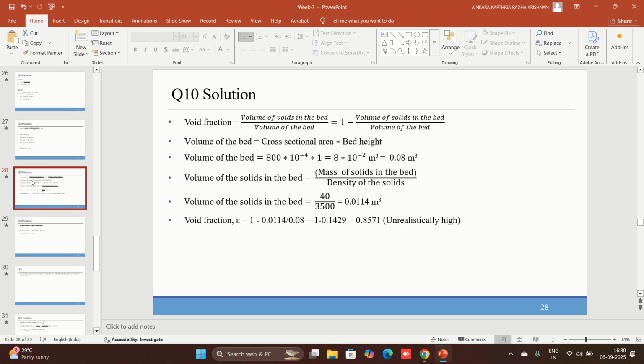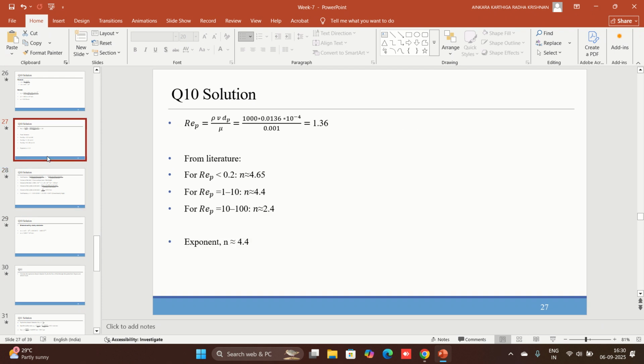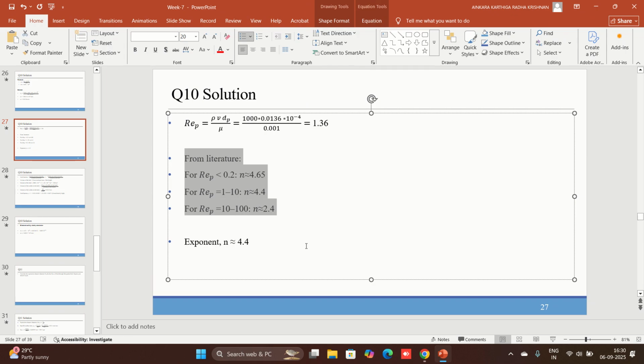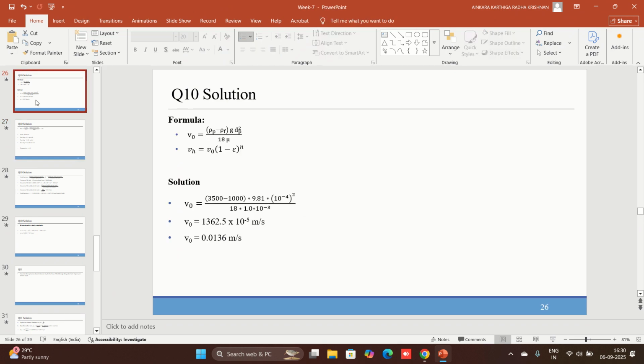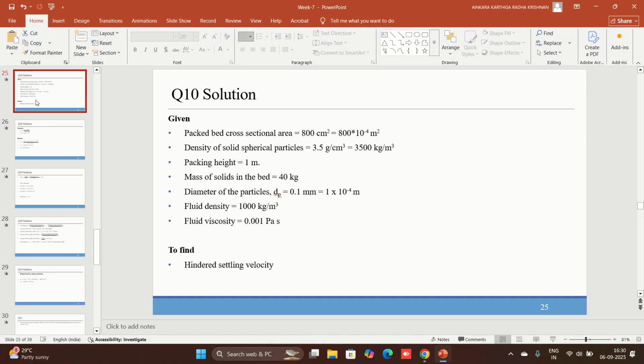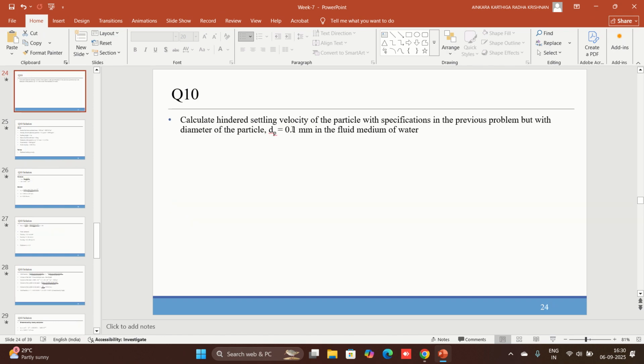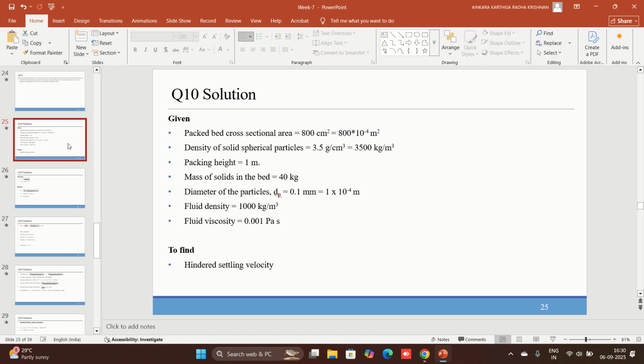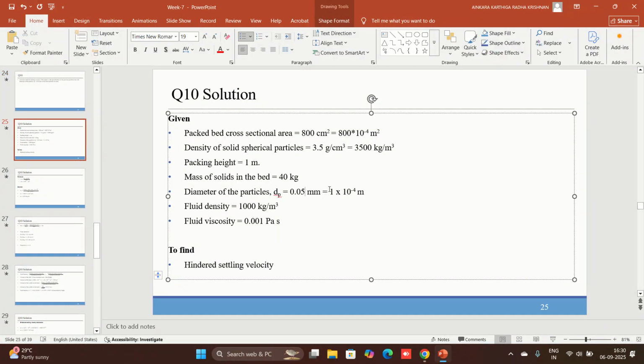I'll give you one more numerical. What we can do is delete this: dp we can reduce it, and mu we will increase. dp we will reduce some more, to 0.05 mm, which is 5 into 10 power minus 5 meter.